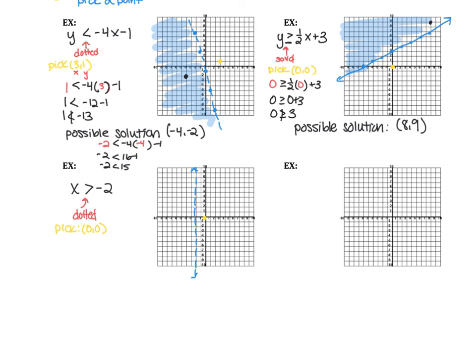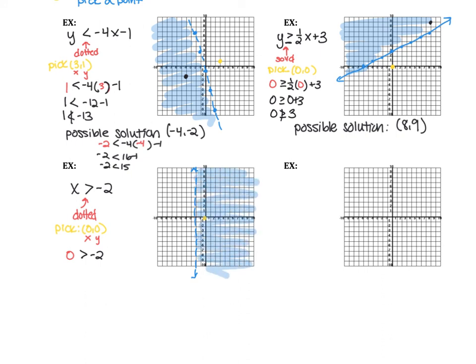I know it's on one side of the line. And if we know that this is x and this is y, what do I notice about my equation? I only have an x value. So x is 0, is 0 greater than -2? I just need to know if this is a true statement. This is a true statement. So because this is true, my solutions are on the side with 0, 0.